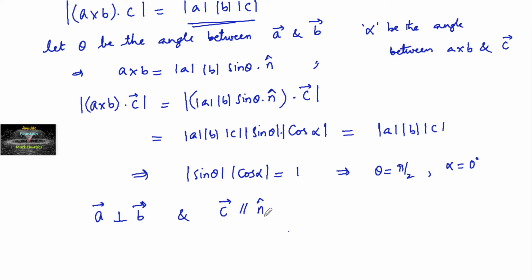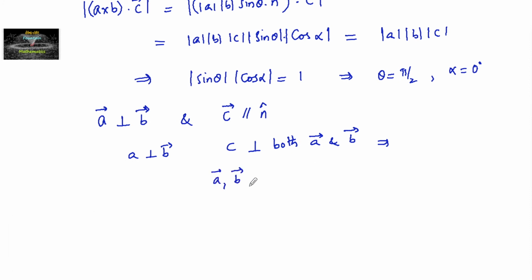Since C is parallel to n cap, we can say C is perpendicular to both vector A and vector B. So A is perpendicular to B and C is perpendicular to both A and B, which implies that all the three vectors A, B, C are mutually perpendicular to each other.